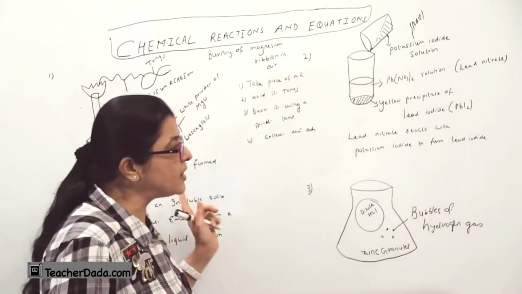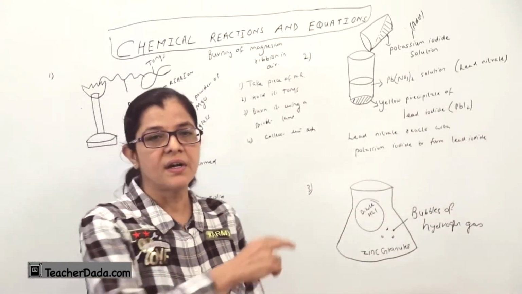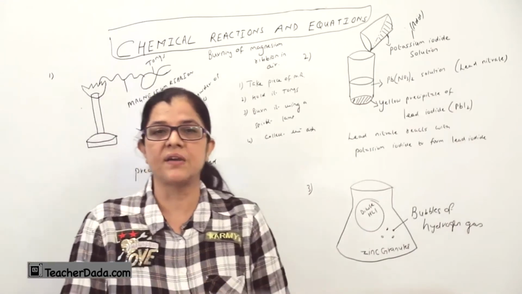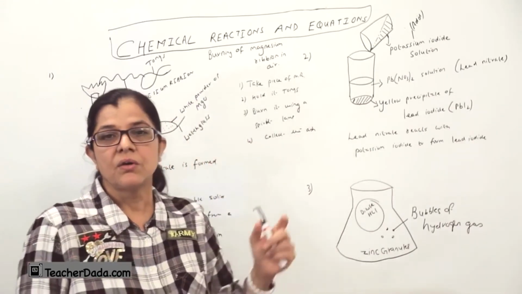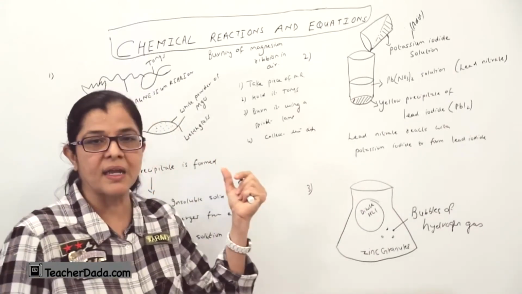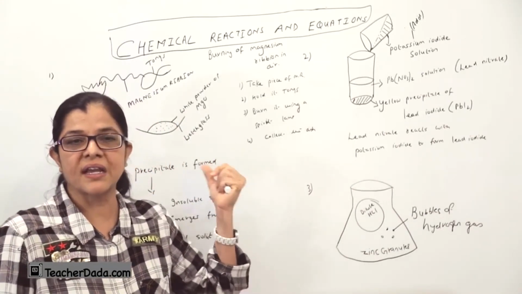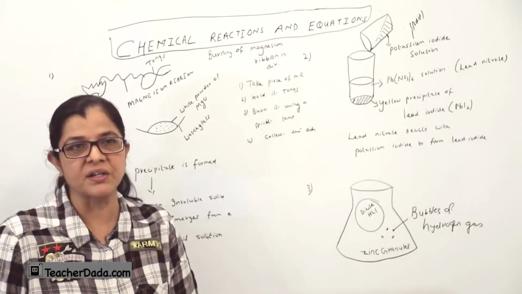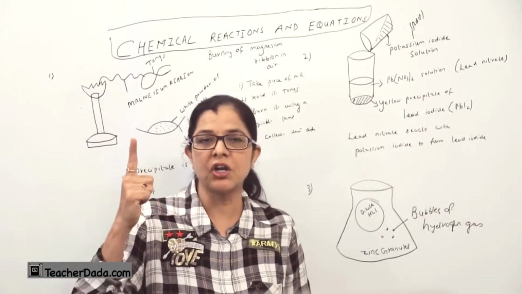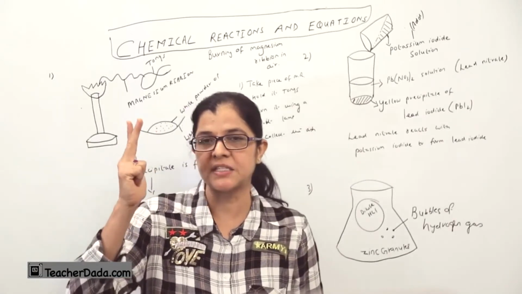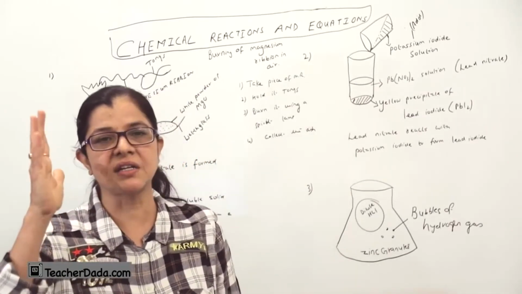So from all these three activities, what can we say? With the help of these observations, we can determine whether a chemical reaction has taken place, and when a chemical reaction has taken place, there can be a change in state, evolution of a gas, formation of a precipitate, change in color, change in temperature.